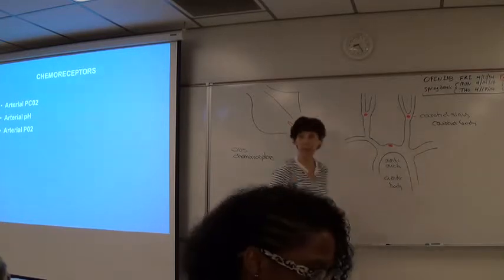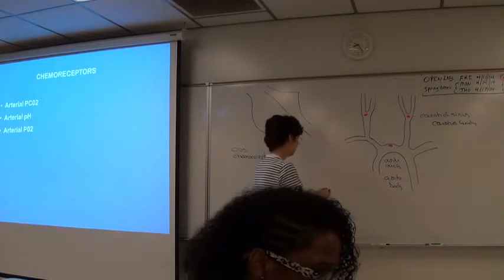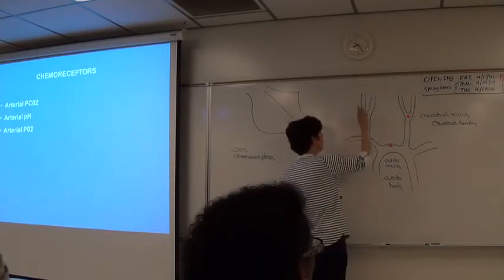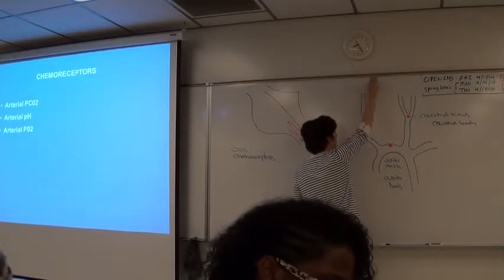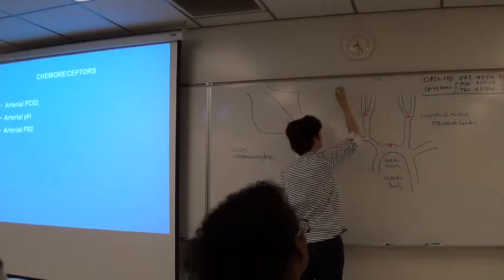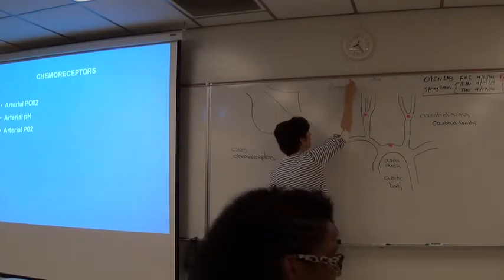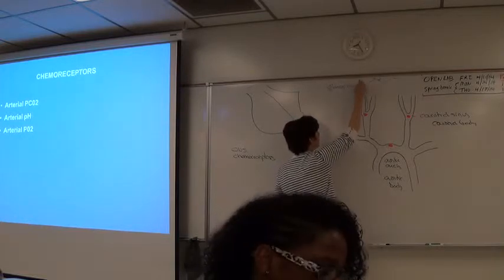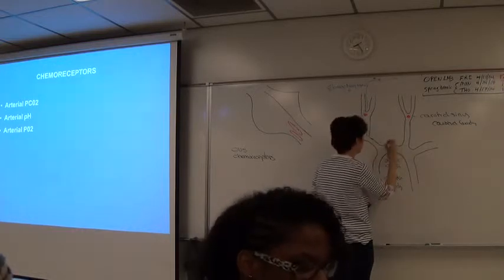So notice this is arterial blood that we're looking at here. The neuron which is sensory to the carotid bodies is the glossopharyngeal nerve, and the aortic body is vagus.